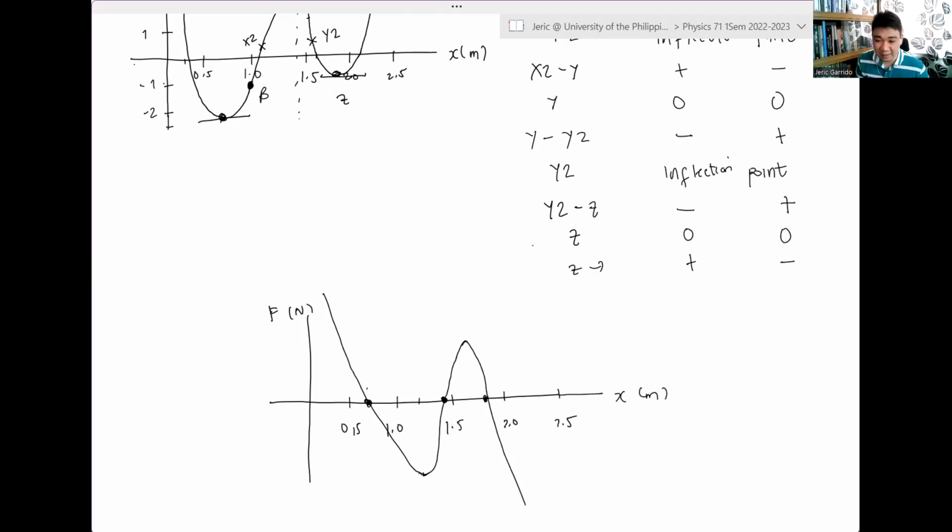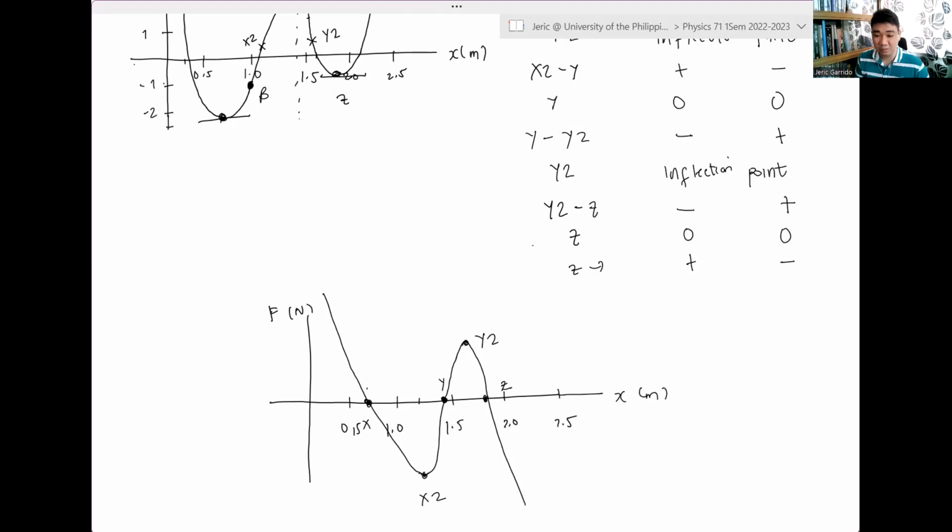Okay? Again, this point here is the X2. This point here is the Y2. This is my X. This is my Y. This is my Z. Malinaw? Nakuha kung paano na-plot. Again, you start with the positive before X. It becomes negative kasi nag-cross siya sa x-axis. It located an inflection point at X2.